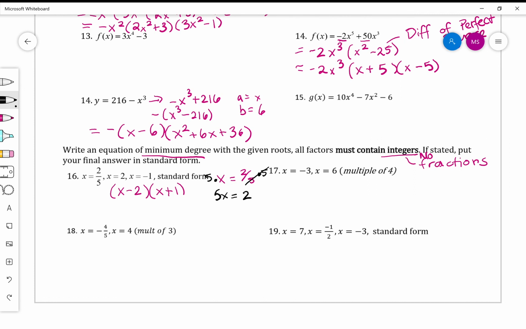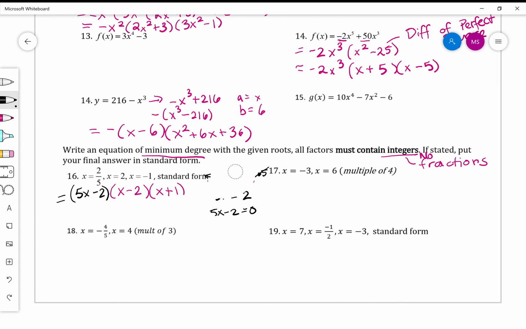Well, you want 2 on the same side, so you're going to go ahead and subtract. And there you go. That would be your other factor. So your factor that contains integers is going to be 5x minus 2. All right? That is factored form. So you have to go ahead and FOIL in order to get standard form.